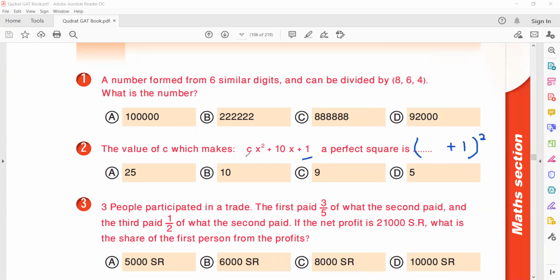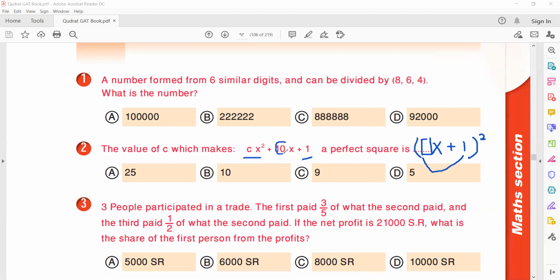What about the first one here? Here you write x. Then you write a number here. What is the number? What is the value of C? When you multiply the first term by the second term and multiply by 2, it is 10.